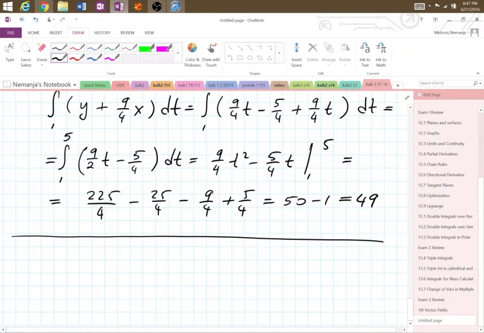I'm just going to write this out. It's the same thing, so work is equal to the integral of the force times r prime dt. Why?